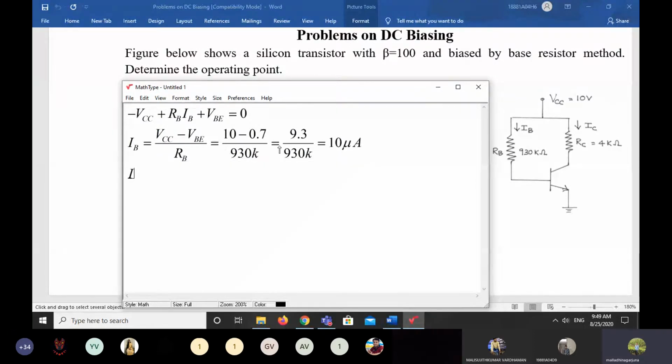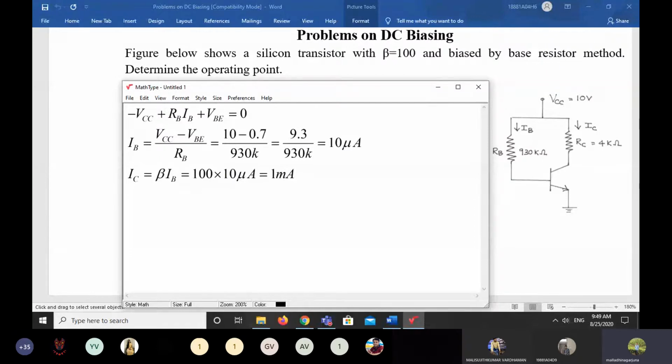From this you can calculate IC. IC is equal to beta times IB; that is the formula. The beta value is given as 100, times IB, which is 10 microamperes. So you will get 1 milliampere, since 1000 microamperes is 1 milliampere.